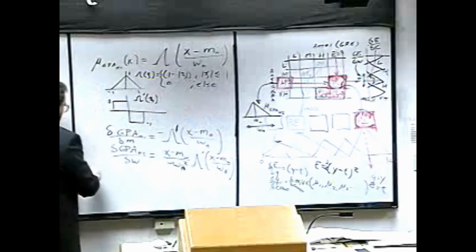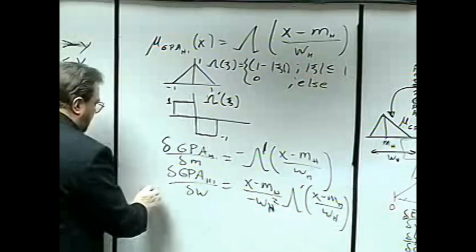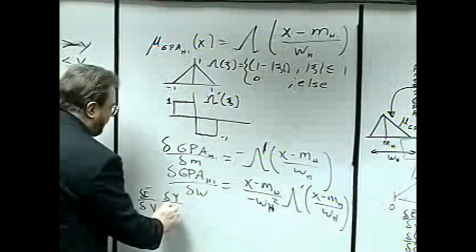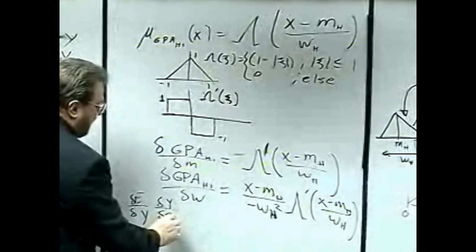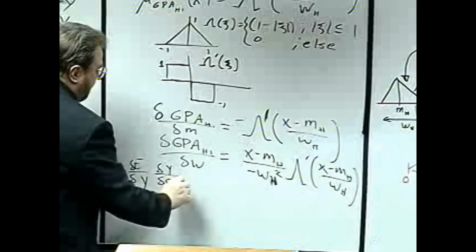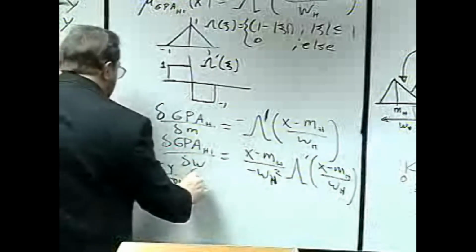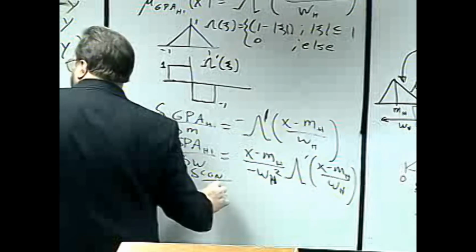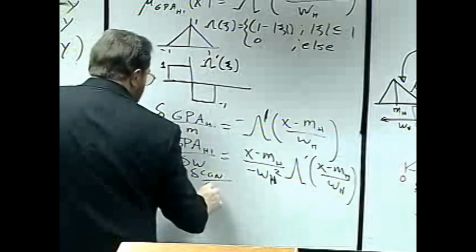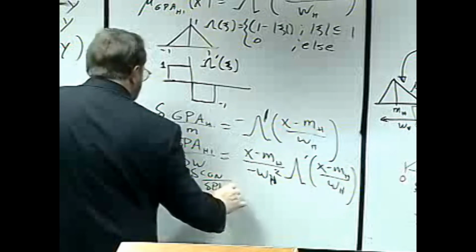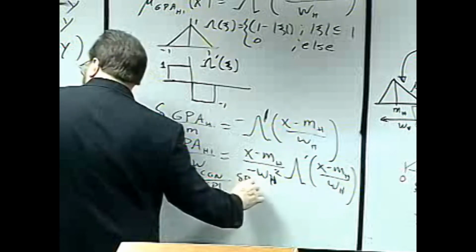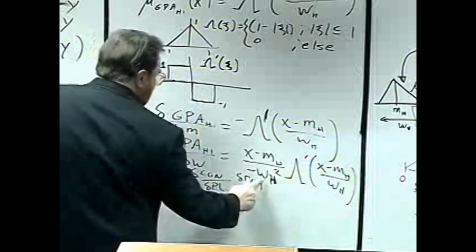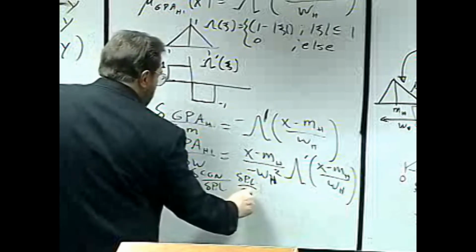What do we want? We want the partial. Well, let's see. We have the partial of E with respect to Y, partial of Y with respect to the consequent, times the partial of the consequent with respect to the positive large, which we found out was the result there, times the derivative of the positive large with respect to, say, the median, the mean.